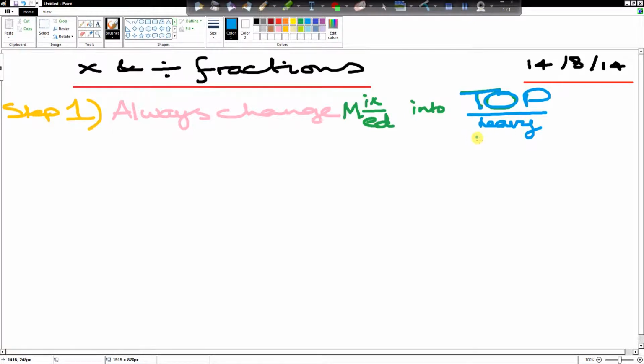Either way, that's step 1. So the rules for multiplying and dividing fractions are the same, apart from division has an extra step.